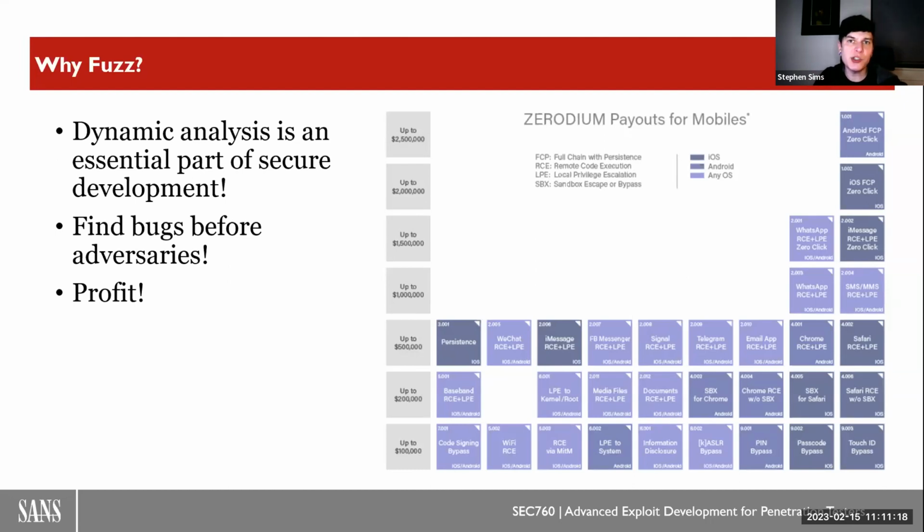Now, this slide shows mobile device payouts, and this is Zerodium. Zerodium is a company that used to go by the name Vupen, and they changed their name at some point. They started off in France, and I know they opened offices in the United States and even in Singapore, where the big question is, who are your customers?